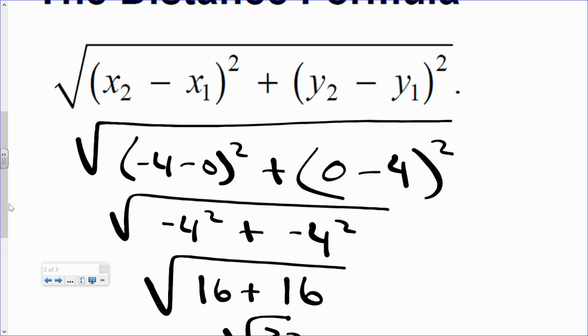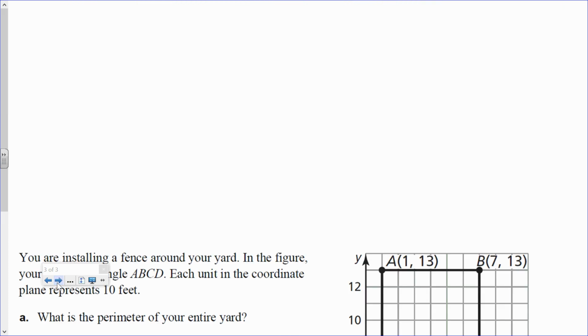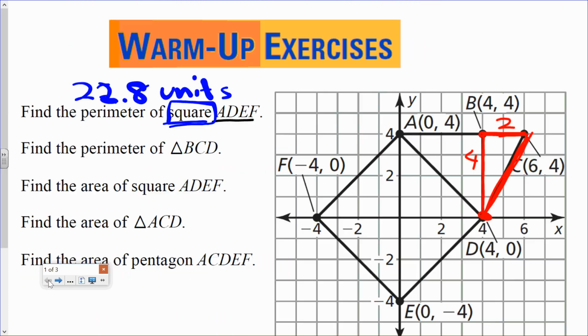All right, let's go. So we're almost done with the second mission. We know this is 4, this is 2. We just need to know this so we can find the perimeter of that triangle.